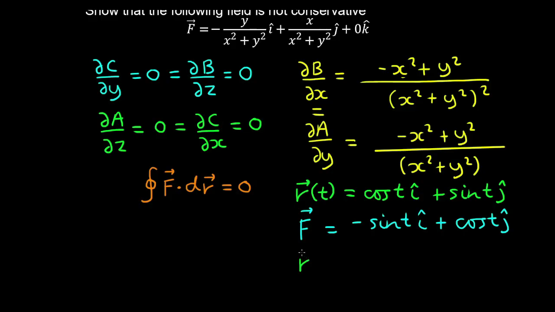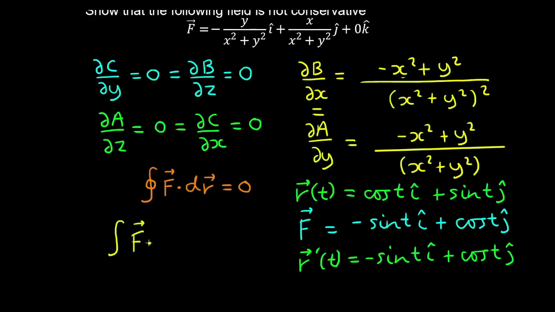And then taking the derivative of r with respect to t gives us dr dt, which is minus sine t in the i direction plus cosine t in the j direction. And then doing a change of variables, we have the integral of f dot dr dt over t from t equals 0 to 2 pi.